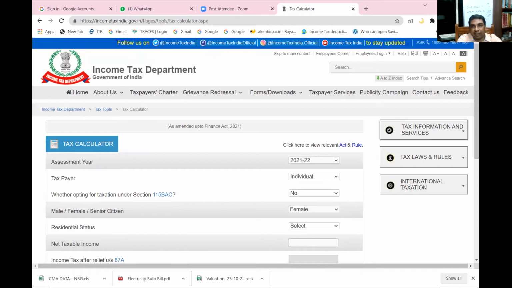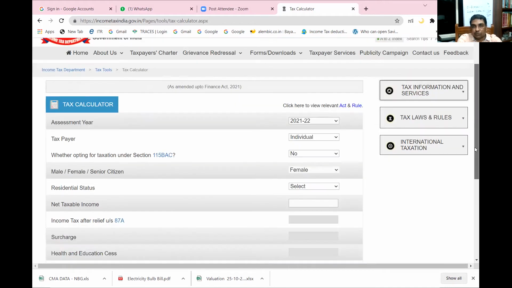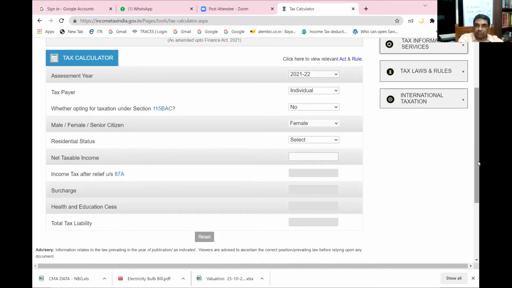This time I am selecting female. It doesn't make any difference whether you select male or female. There is no difference in tax rates. Residential status, I am selecting individual. So let us say here I am selecting 6 lakh. You know this is the tax.